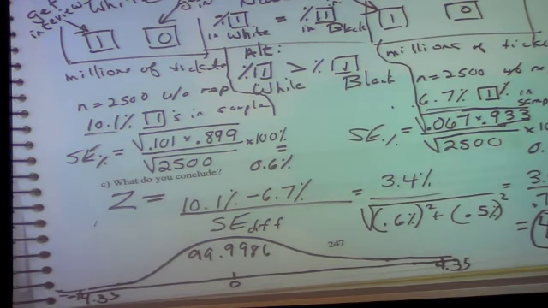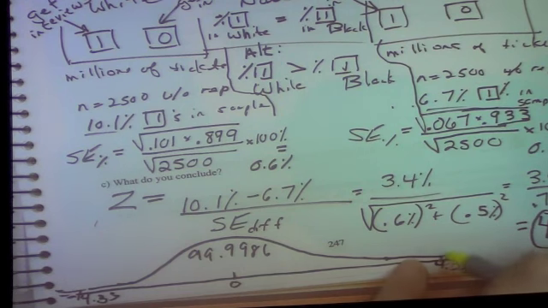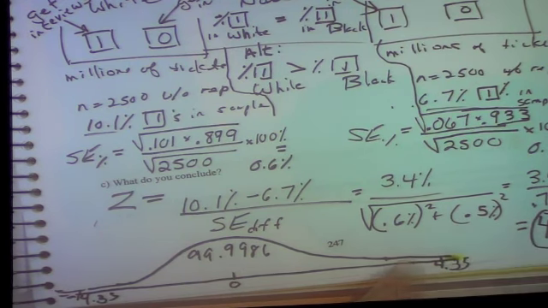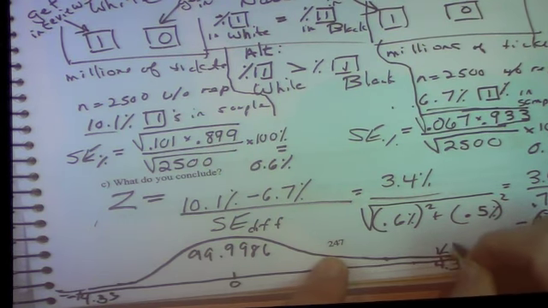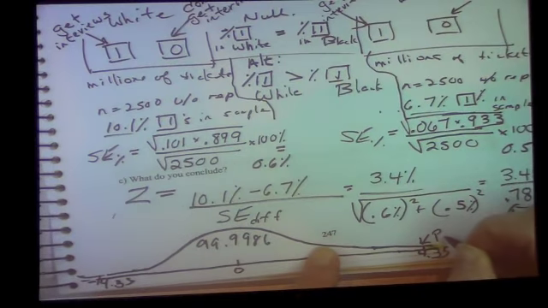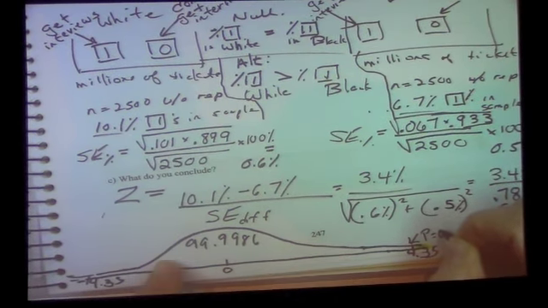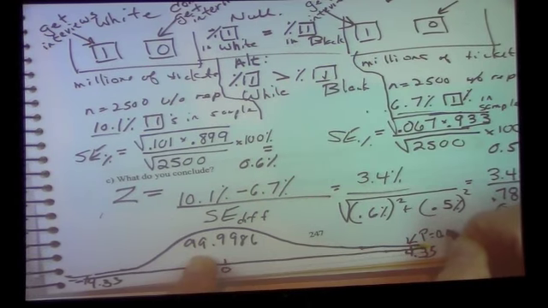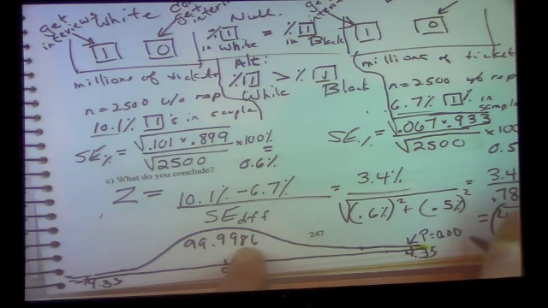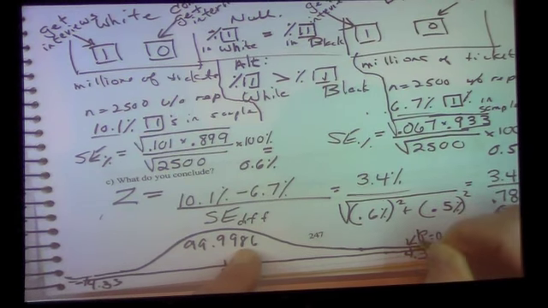99.9986%. So the chance that you'd see such a big difference if there really was no discrimination is a probability of 0.00, this would be 14, we divide by 2, 0.07.